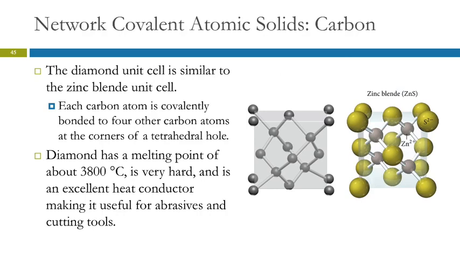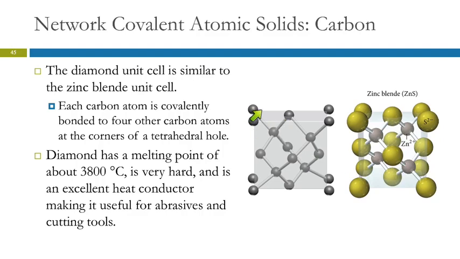The diamond unit cell is similar to the zinc blende. In the zinc blende, we had sulfide ions in a face-centered cubic, and then we had zinc ions in 4 of those tetrahedral holes.